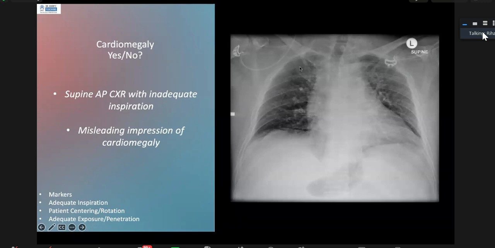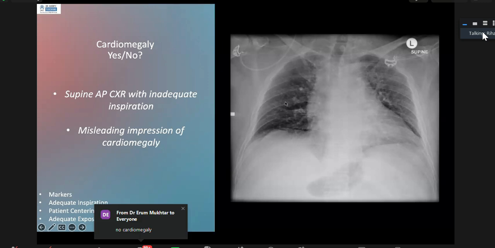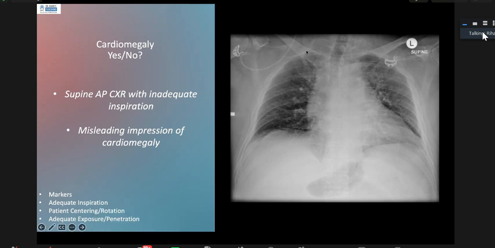In the anterior, we would expect the sixth rib to intersect the diaphragm at the mid-clavicular level. But if we look at this image and count the ribs, it's actually the fourth rib which is intersecting the diaphragm at the mid-clavicular level. So this tells us that the inspiration is poor. If you were to count the posterior ribs, you'd expect this intersection to happen with the 10th rib. Because of this, it gives an impression of cardiomegaly, but this is misleading because the inspiration is poor.